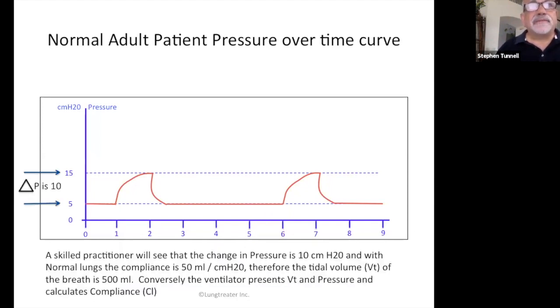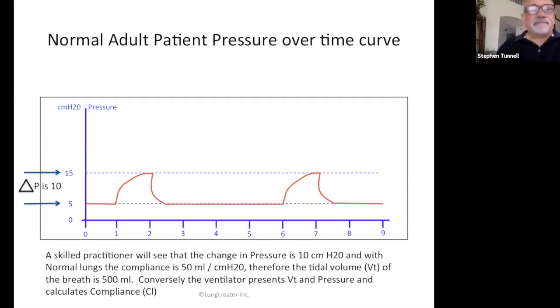Again, we look at the pressure. This is the PEEP level, the PEEP of 5. See how it's not at 0? As the breath goes in, the pressure increases. There's a physics law called Boyle's law. Boyle says that as you change the volume of a closed system, you must see a change in the pressure.